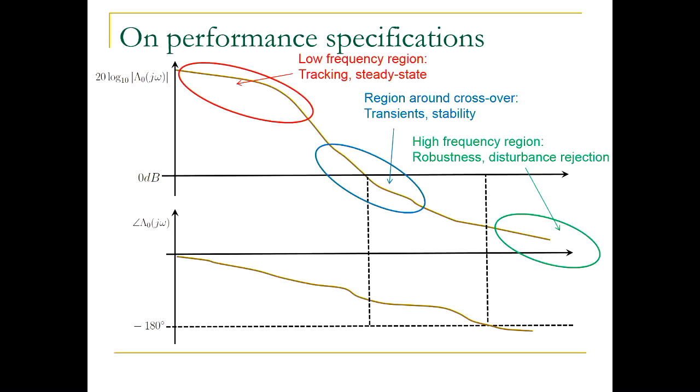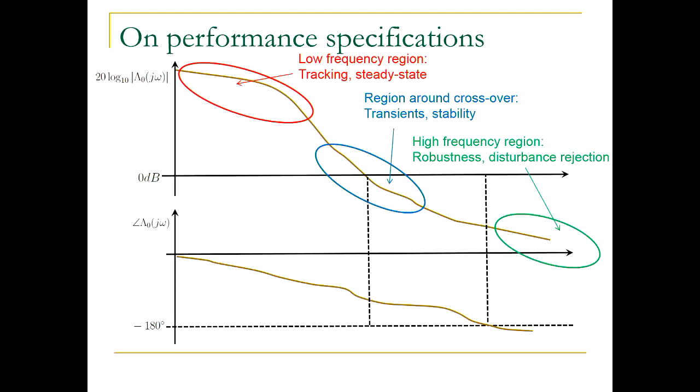And finally, what happens at high frequencies will be related to robustness, especially to measurement noise, and also disturbance rejection. These things cover a lot of different aspects of performance and robustness.